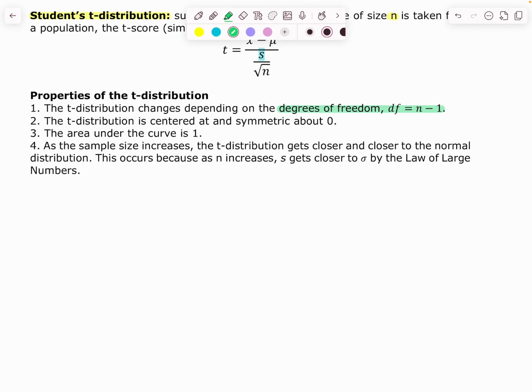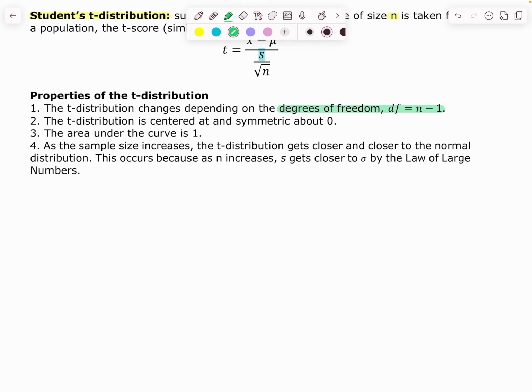The second property is that the t-distribution is centered at and symmetric about 0. That is the same as the normal distribution. The area under the curve is 1. That's also the same as the normal distribution. And the last property, as the sample size increases, the t-distribution gets closer and closer to the normal distribution.